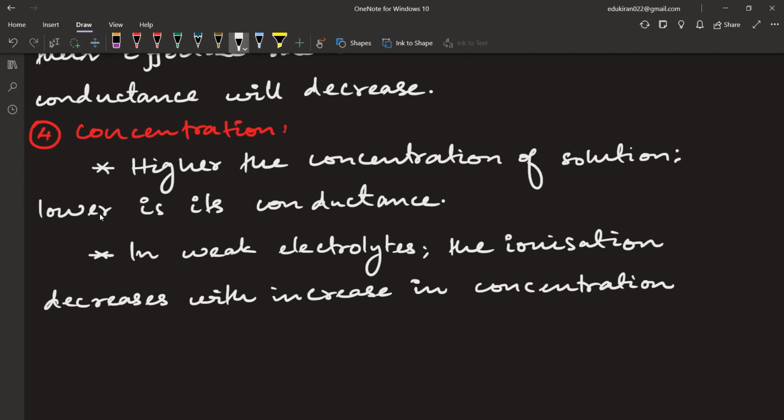And hence what will happen? The conductance is lower and therefore it lowers the conductance.